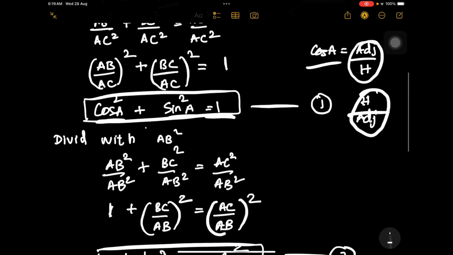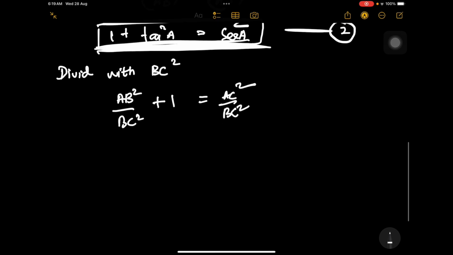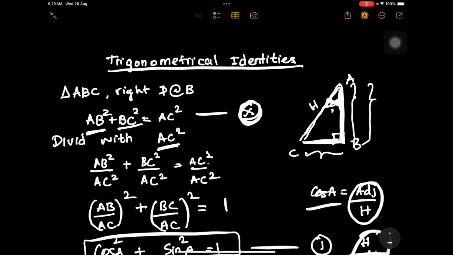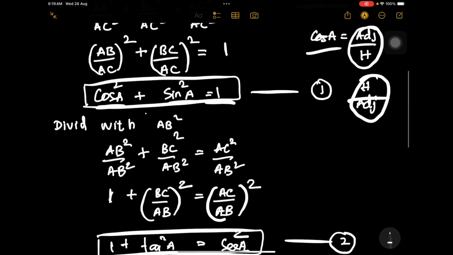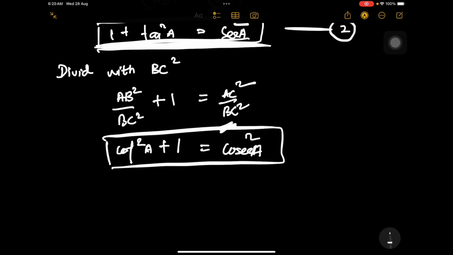So AB over BC is going to be 1 over tan A, which is cot A, so cot squared A plus 1 is equal to AC over BC squared, and AC over BC is 1 over sin A, which is cosec A. So cot squared A plus 1 is equal to cosec squared A.